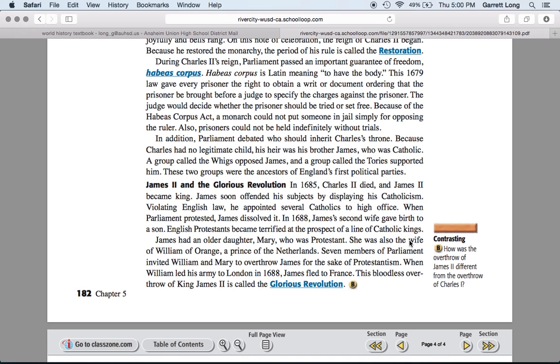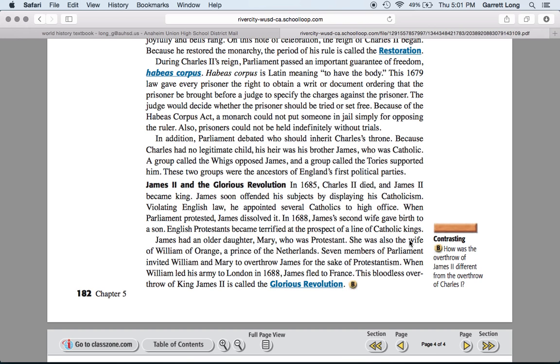So Parliament needs to figure out a way to get James II out as leader. And they came up with a solution. James II has an older daughter, and her name is Mary. And Mary is loved by Parliament because Mary and her husband William, who is the Prince of the Netherlands, are both Protestants.